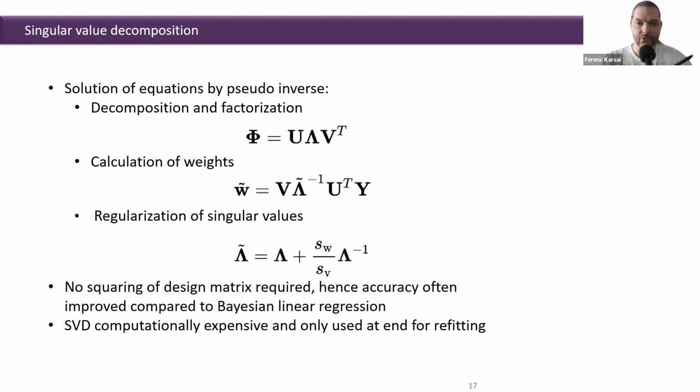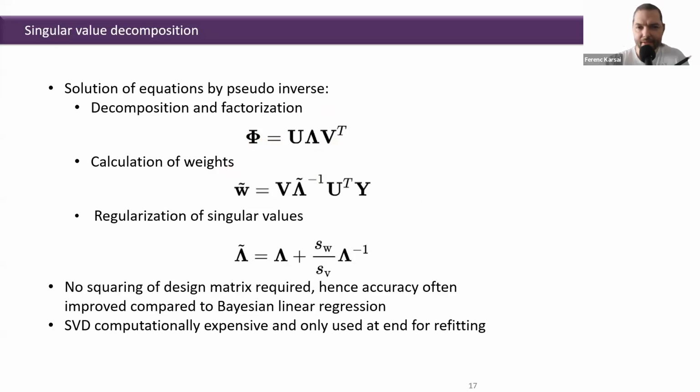The other method which we employ is the more exact way, by using this pseudo inverse. So first we make a singular value decomposition of this phi, and by rearranging cleverly the components of the singular value decomposition and using W and Y, we get to the weights this way.